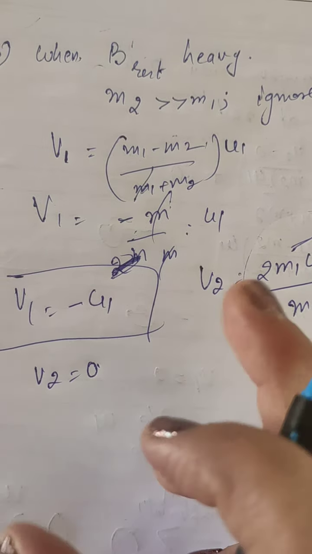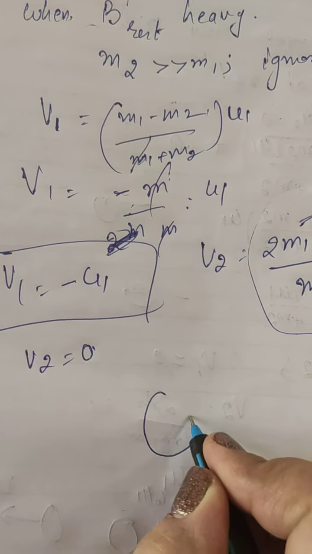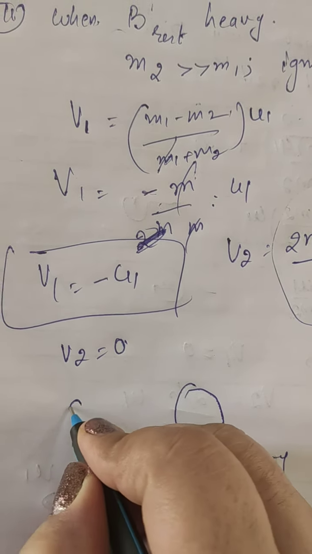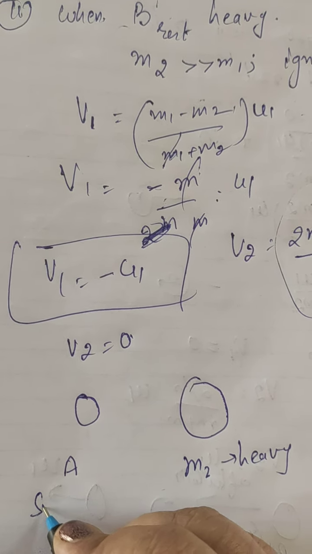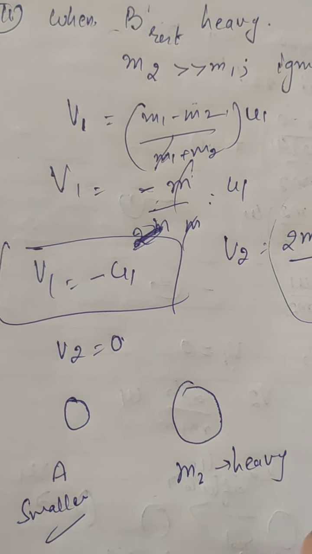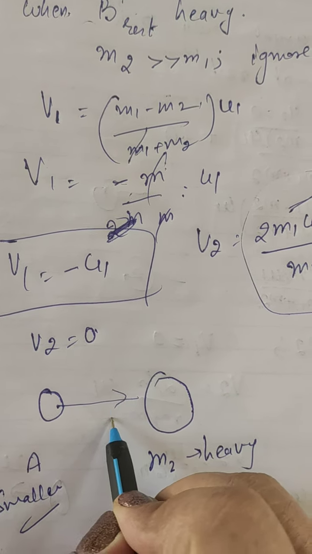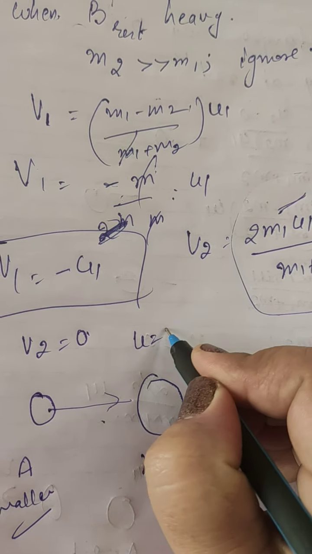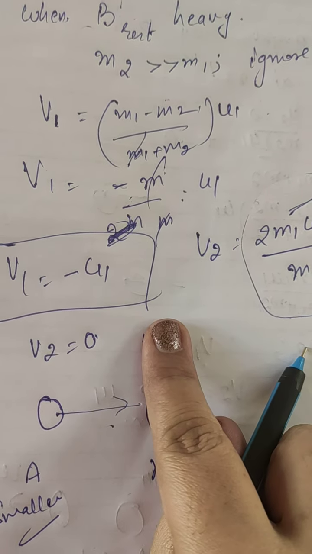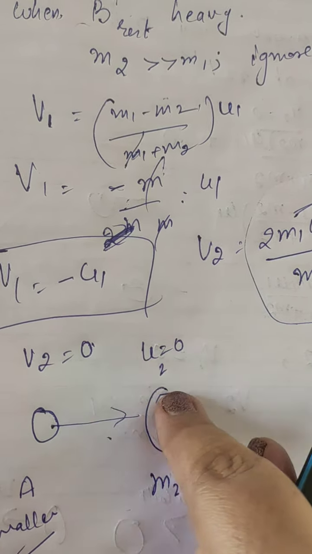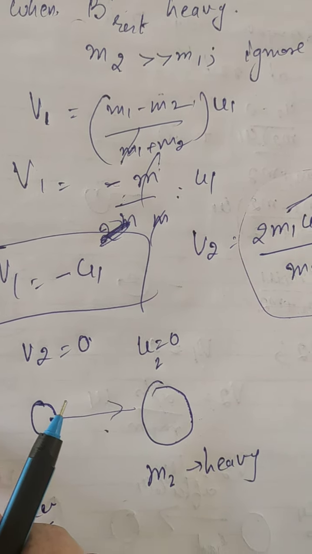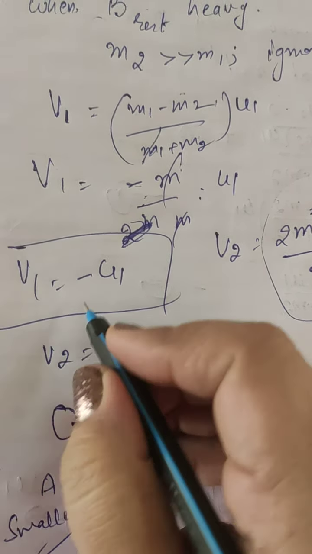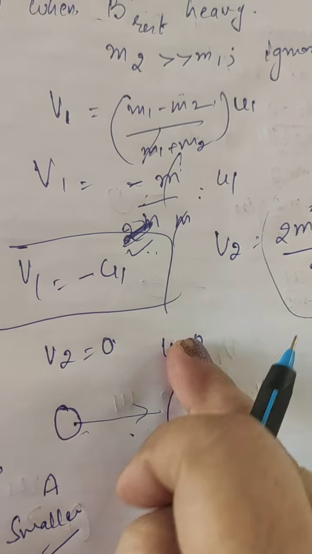It means that when body B is heavy, m2 is heavy, and body A is smaller in size and smaller in weight, when it is made to collide, the velocity of B, which was initially 0, remains at rest after collision, but body A recoils back and starts moving with its own velocity in the negative direction.